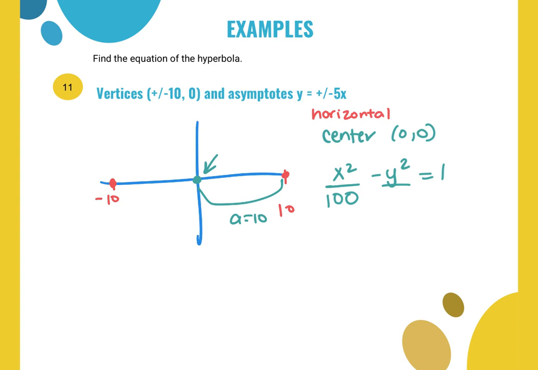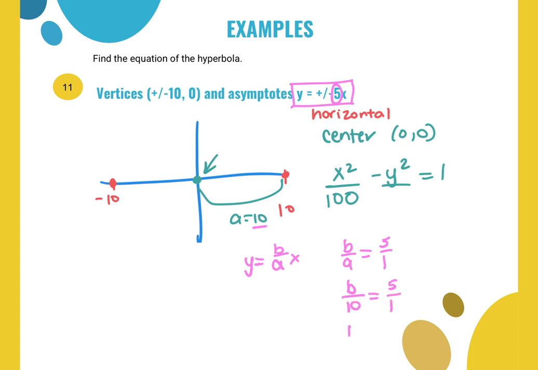Now go to the second piece of information that they give you, which is the asymptote. Because it's horizontal, y would equal plus and minus b over a, x, which means b over a equals 5, which would be over 1. Since a is 10, b over 10 would equal 5 over 1.